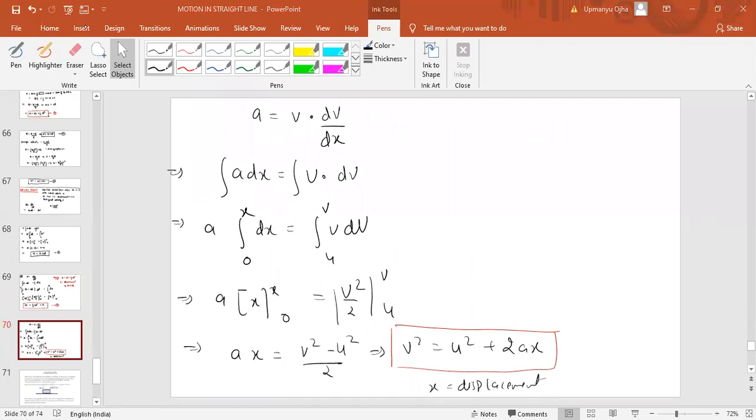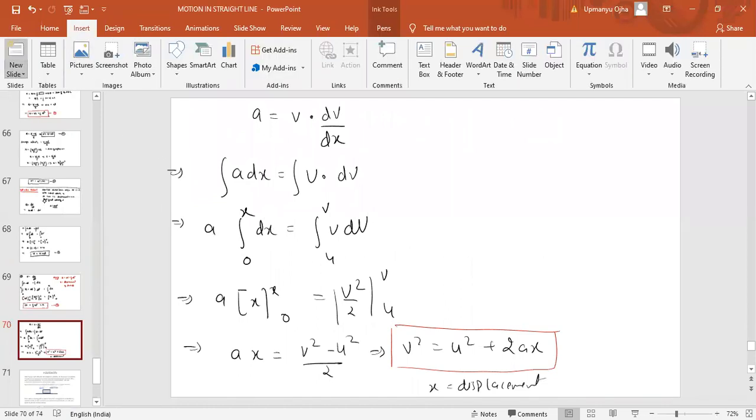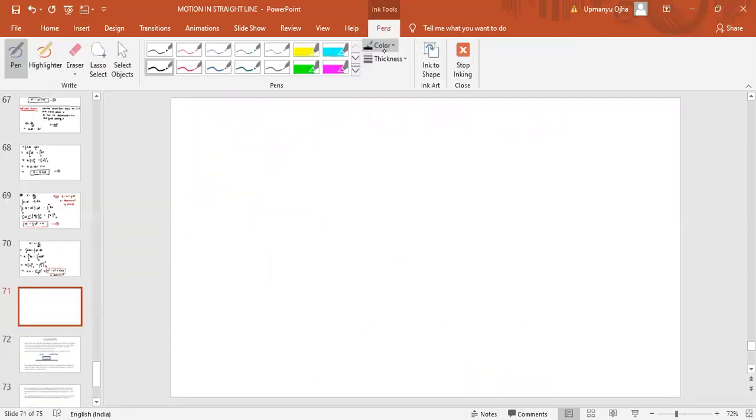Now we can write all the equations of motion under uniform acceleration, that is, with constant acceleration.